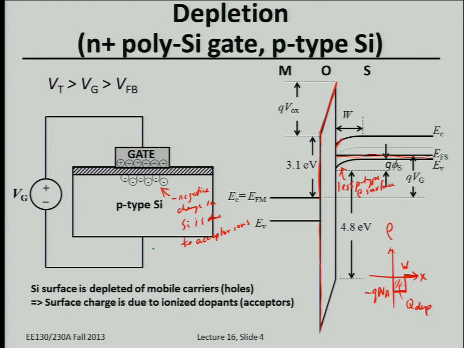The easiest way to get negative charge in the silicon is just to deplete the surface to get ionized acceptors exposed. Because the concentration of charge is fixed by the dopant concentration, you have to deplete to a certain depth to get the necessary amount of charge in the silicon to match the charge on the gate. That's why you end up sharing the voltage drop across the oxide with a significant voltage drop across the silicon. So the voltage drop occurs across the silicon only really in depletion, not in accumulation.